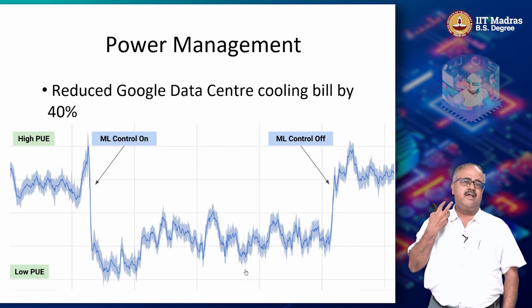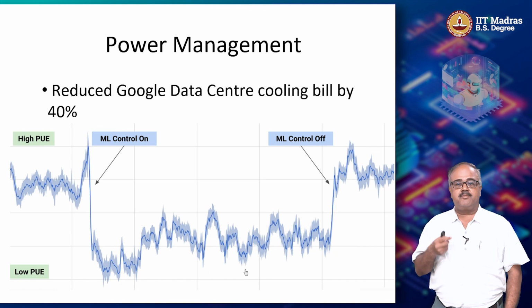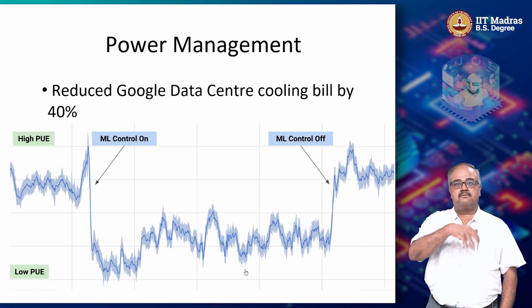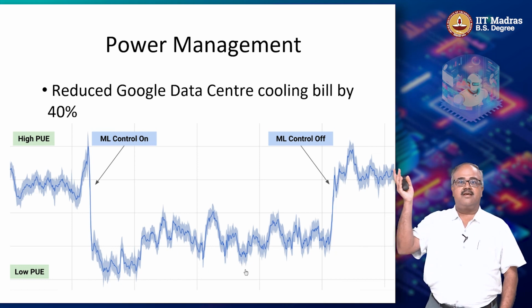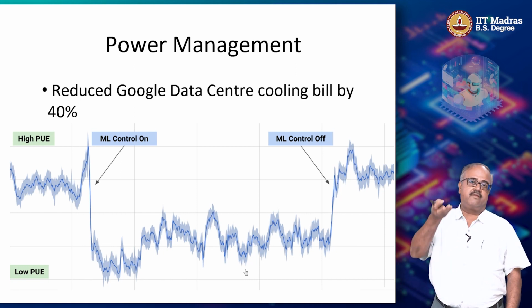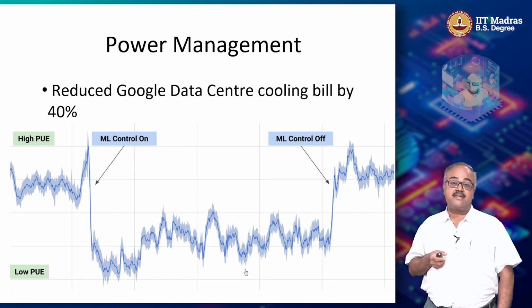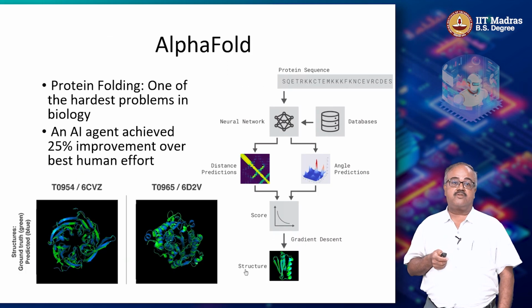It turned out it actually learned a few non-intuitive rules that people were not using to control cooling. Before this, they had a rule-based system that decided when to turn on cooling, when to increase it, when to drop it, and so on, but this RL-based agent managed to improve it by more than 40%.